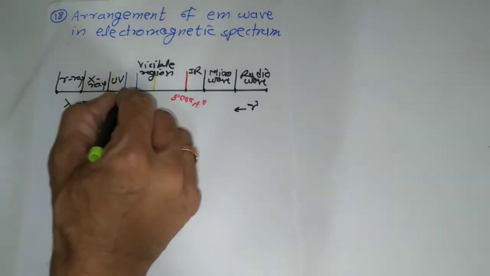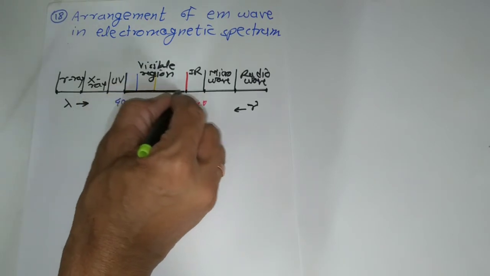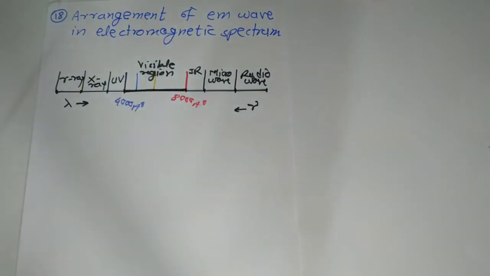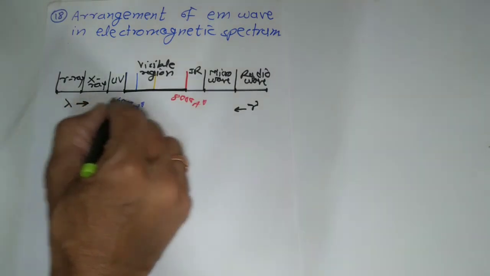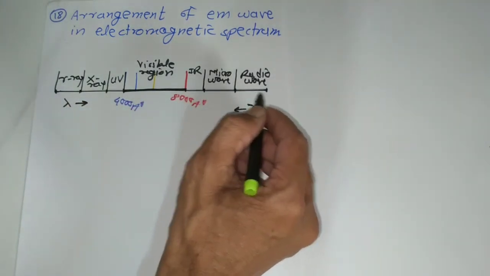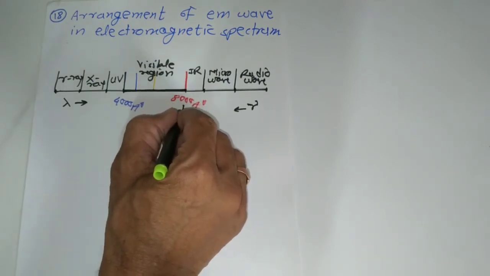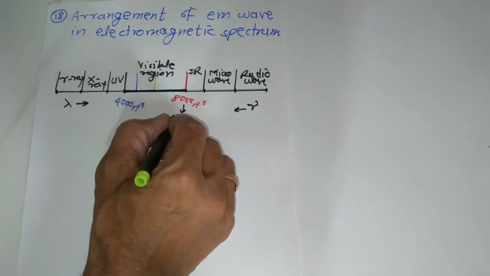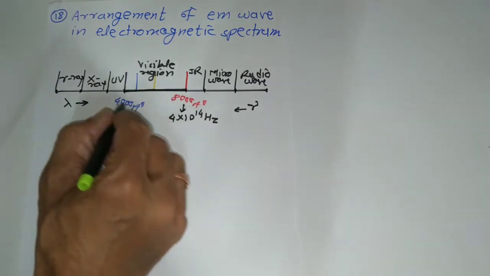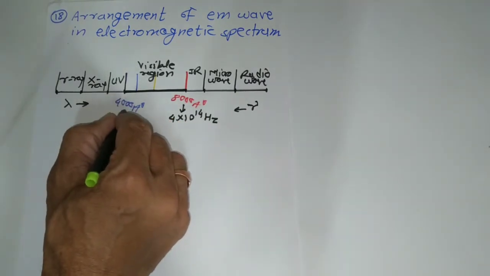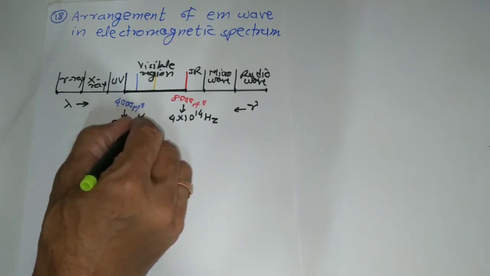Let me concentrate on the visible region, with the help of which we can see one another. If the wavelength increases from left to right, frequency increases from right to left. The frequency of red light is approximately 4 into 10 raised to 14 hertz, and that of violet light is 8 into 10 raised to 14 hertz.